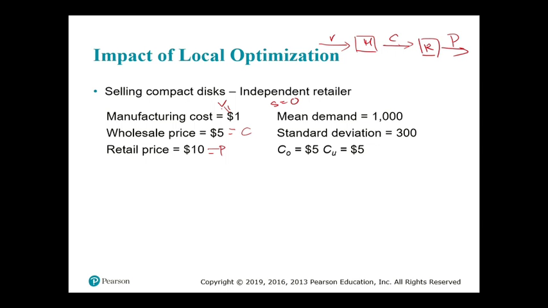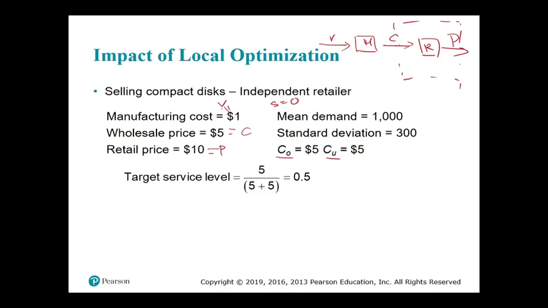So the retailer is segmented here. It will calculate its overage cost and underage cost. The overage cost is P minus C minus S, so $5. Underage cost is P minus C, also $5.